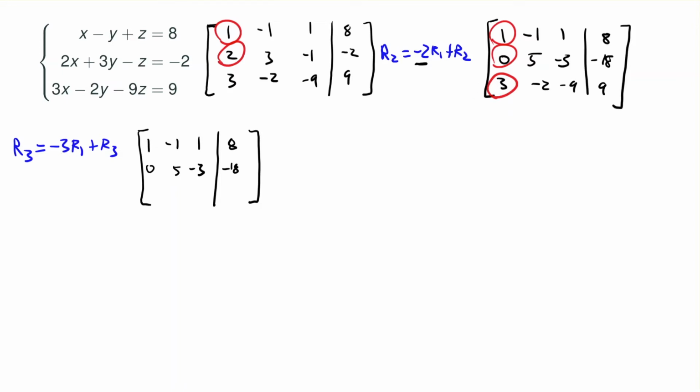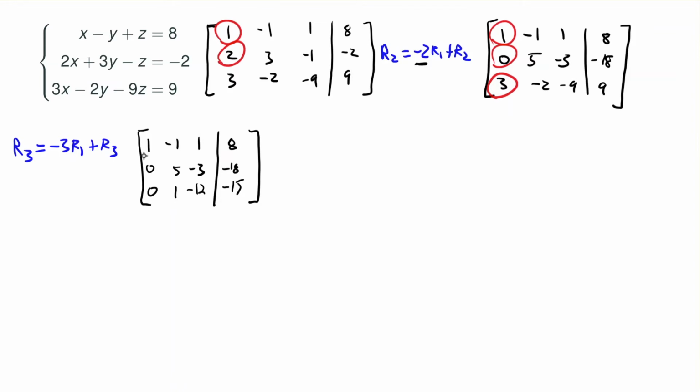Add to here gives us 0. -3 times -1 gives us +3. 3 plus -2 gives us 1. -3 times 1 gives us -3. Add that to -9 right here gives us -12. -3 times 8 gives us -24. Add that to 9 gives us -15.